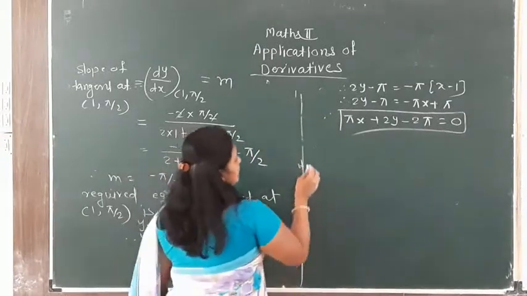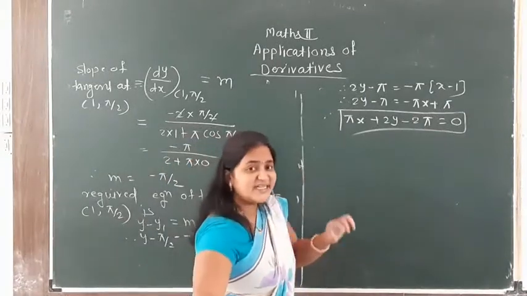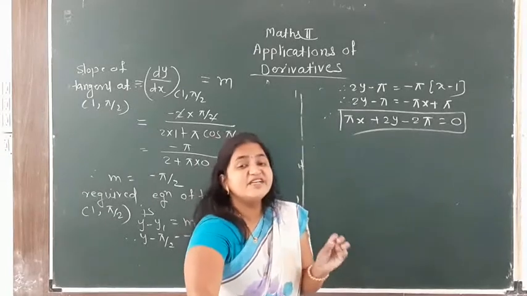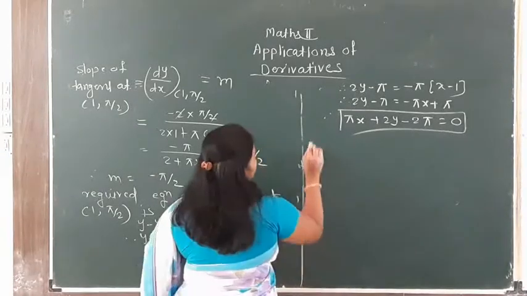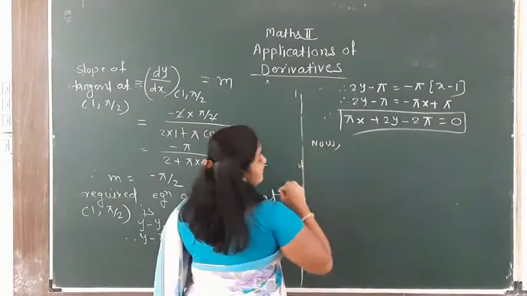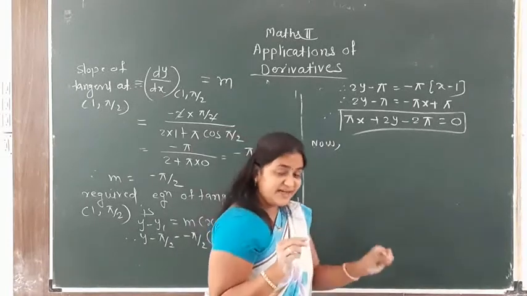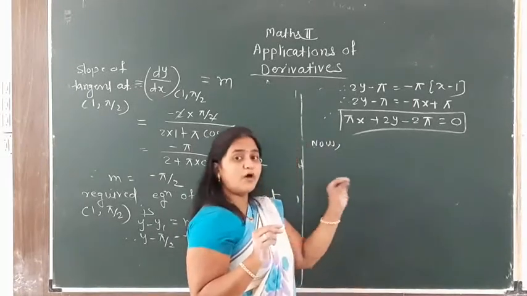Now we know that the slope of the normal is the reciprocal of the slope of the tangent with a minus sign. So now we find the equation of the normal. Before that, we find the slope of the normal.